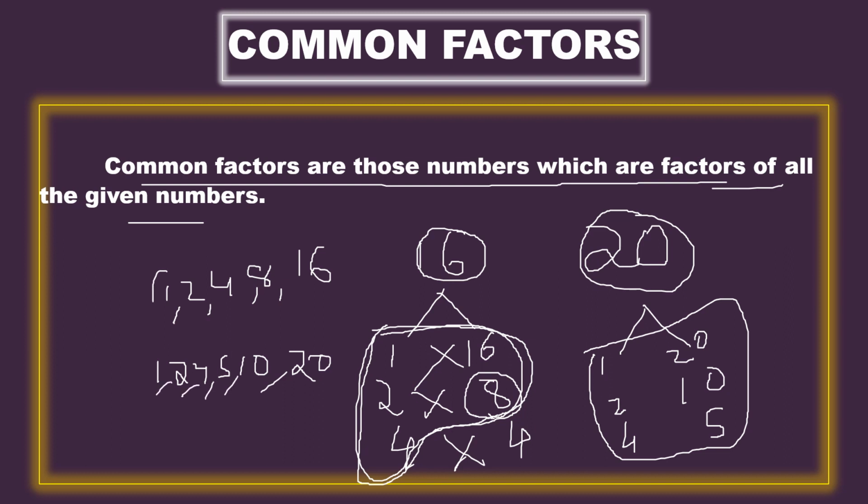Now round up the common factors. 1 is there, next 2 is there, next 4. So 1, 2 and 4 are the common factors of both 16 and 20. In this way you should find the common factors.